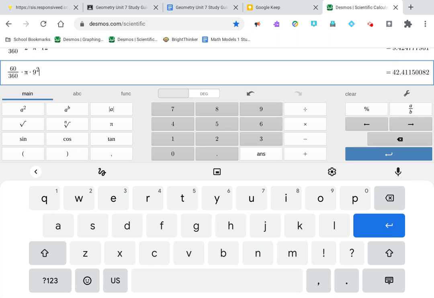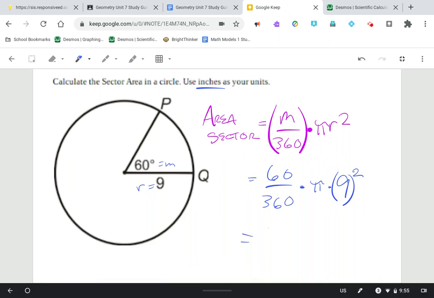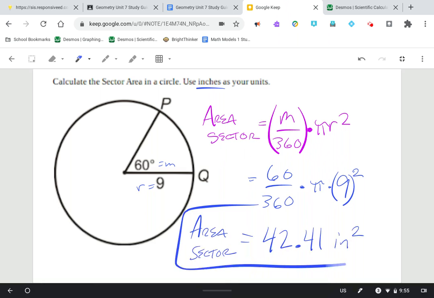I get 42.41 inches squared, and that is the area of the sector. That's pretty much it. So again, within the formula, you need to have the angle value and you have the r value.